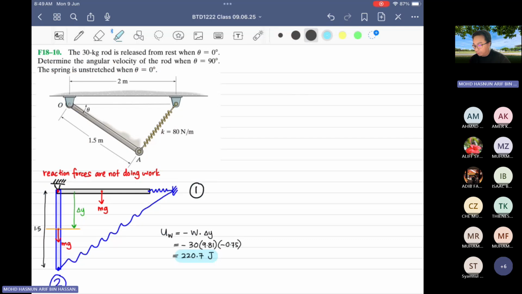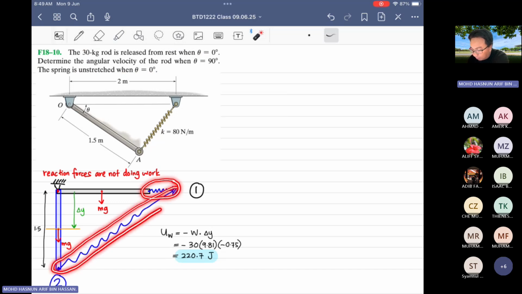So we have the first work done, by the weight, 220.7. The second work done here is by the spring, because we have the spring at the first position, and then the spring is clearly stretched in the second position. When the spring is stretched or compressed, there must be work done by the spring.